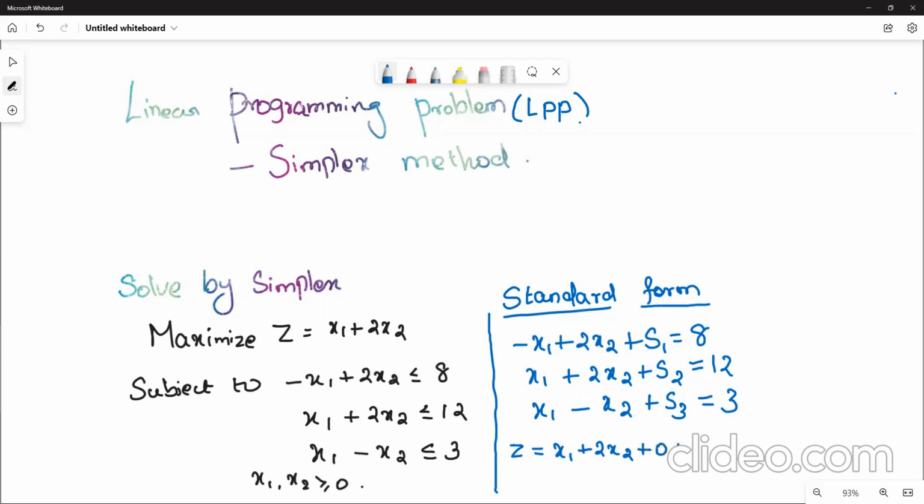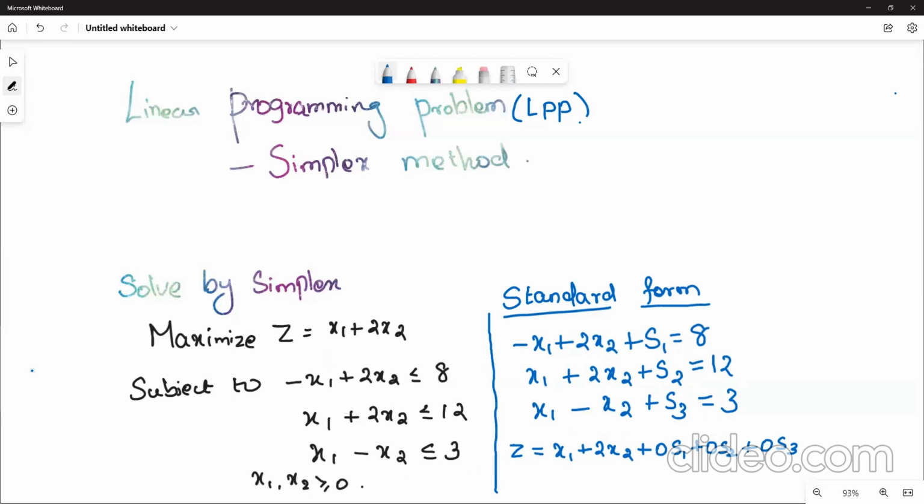So plus 0 S1 plus 0 S2 plus 0 S3. So writing the general form of LPP into standard form is nothing but writing the objective function with the introduced slack variables with 0 cost, and writing the inequalities in equality form by introducing slack variables. So the first step of writing standard form is done.